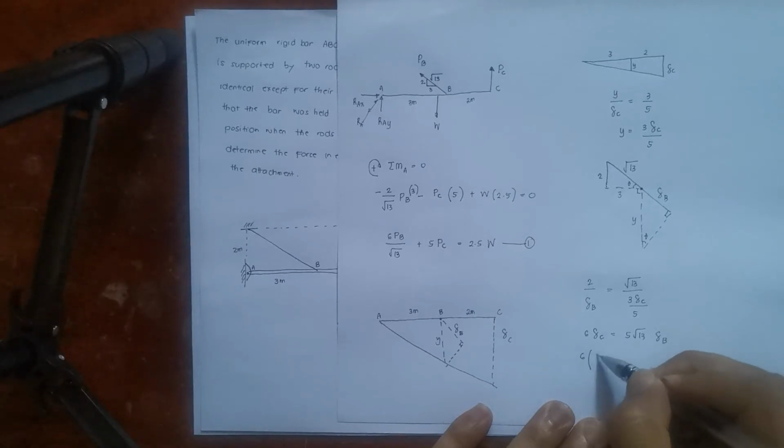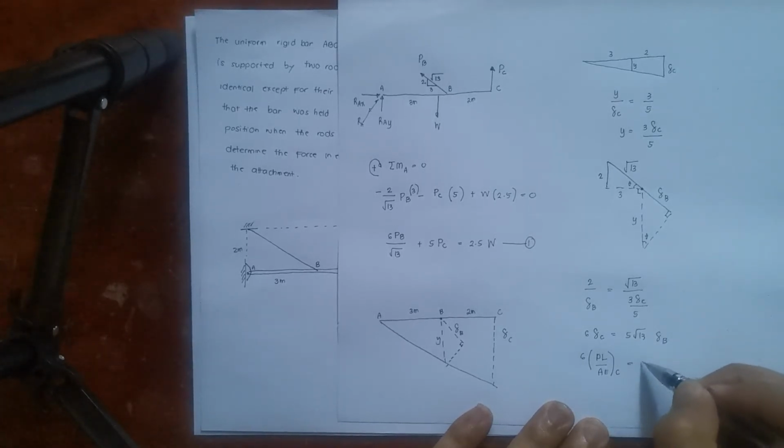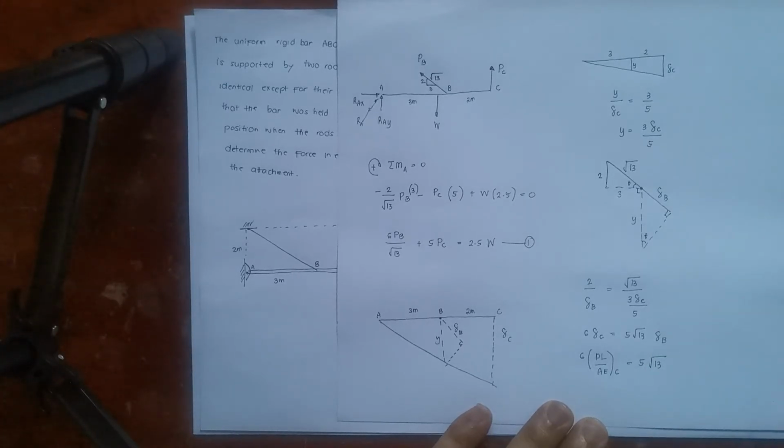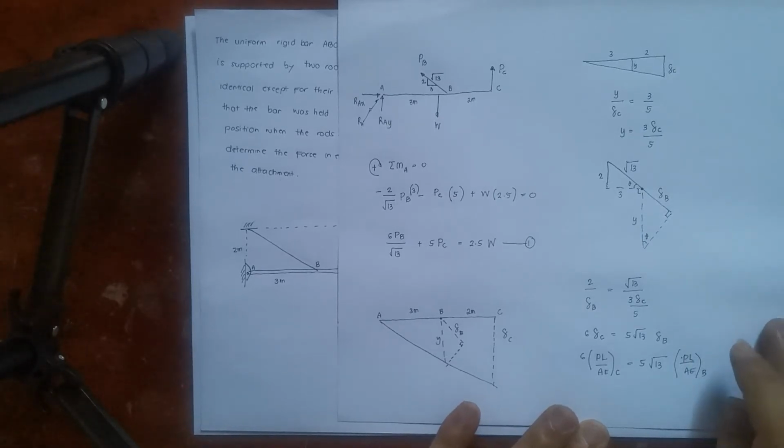So 6 PL over AE at bar C, 5 square root of 13 deformation at bar B is PL over AE at bar B.